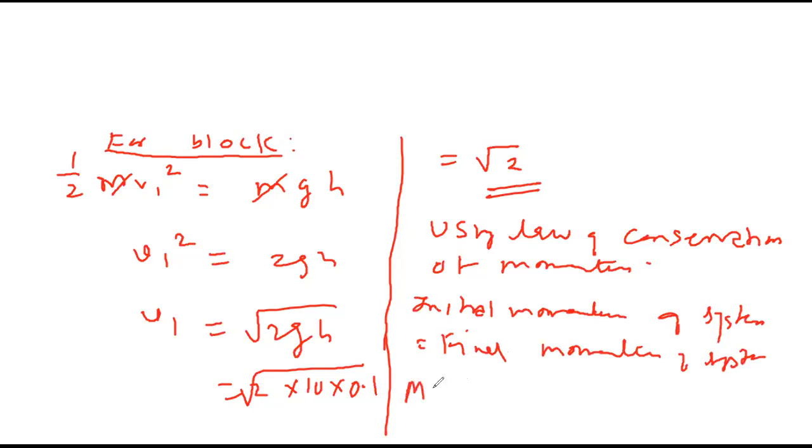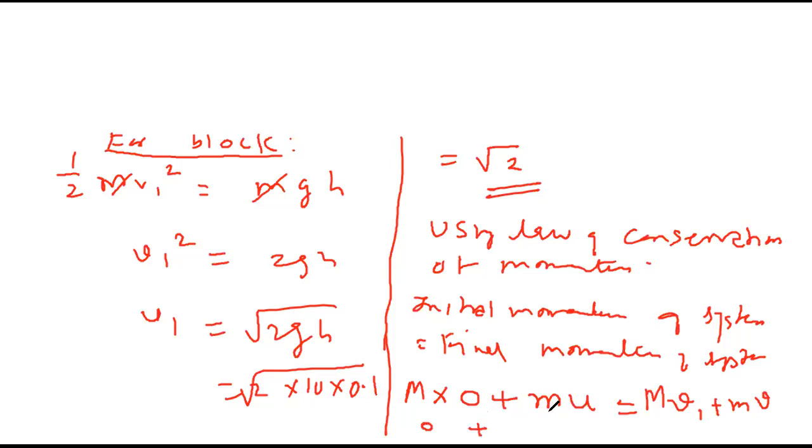So mass of block into speed of block before collision, plus mass of bullet and speed of bullet, equals mass of block into speed v1 after collision plus mass of bullet into velocity v of the bullet after collision.